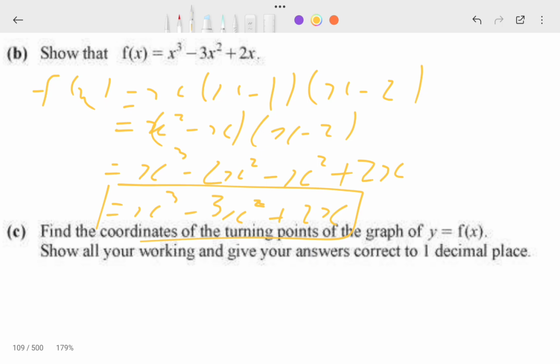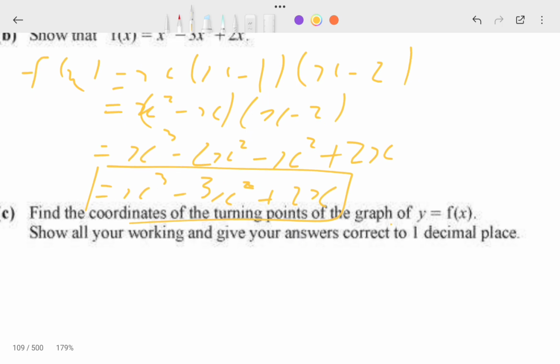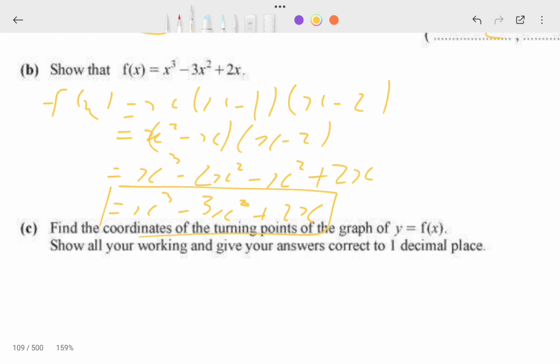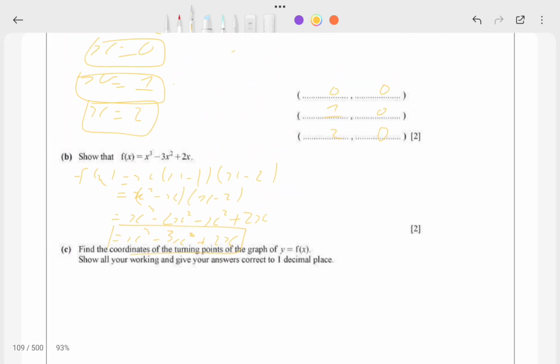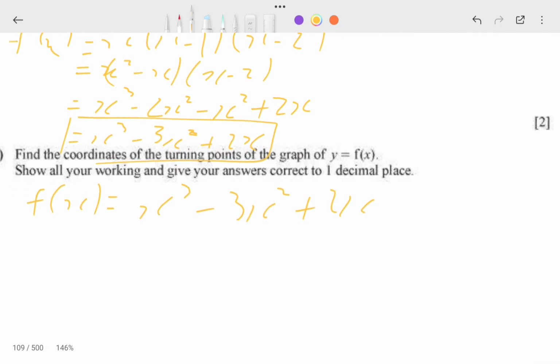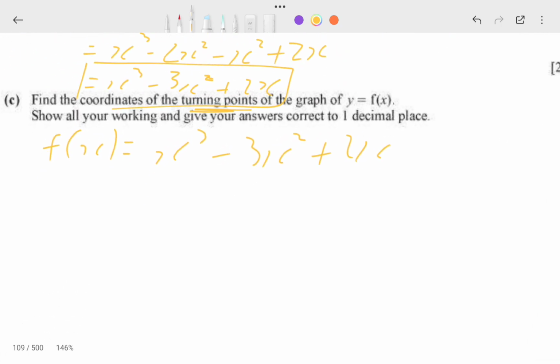Find the coordinate of the turning point of the graph y is equal to f(x). Show all your working, give your answer correct to one decimal place. Okay, so we know that f(x) is x cube minus 3x square plus 2x, and we also know that at turning point dy by dx is equal to 0. So if we find dy by dx of this equation, it will be 3x square minus 6x plus 2.